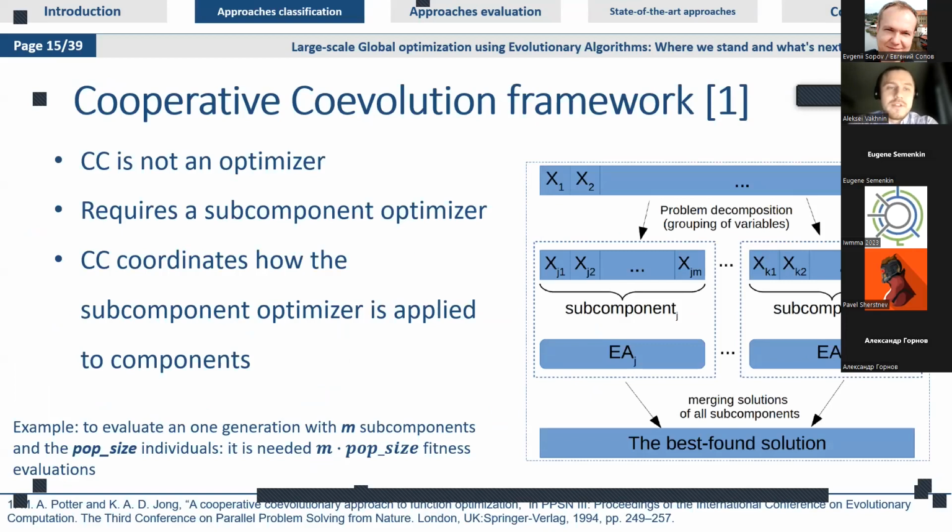Here on the slide, you can see the main idea of the cooperative coevolution framework. Firstly, I have to note that cooperative coevolution is not an optimizer. It's a coordinator of how a subcomponent optimizer is applied to subcomponents.